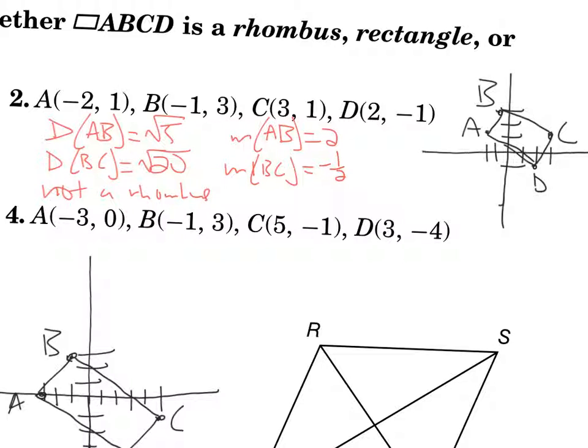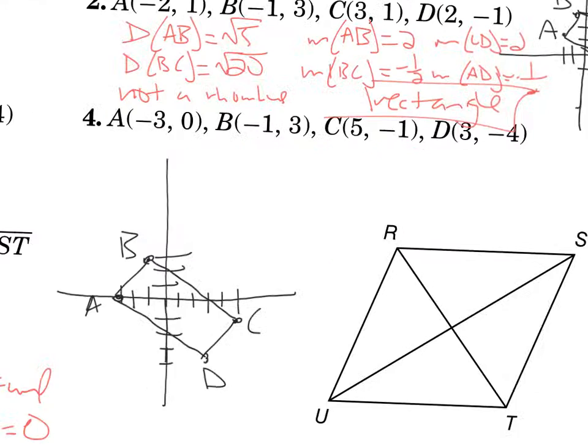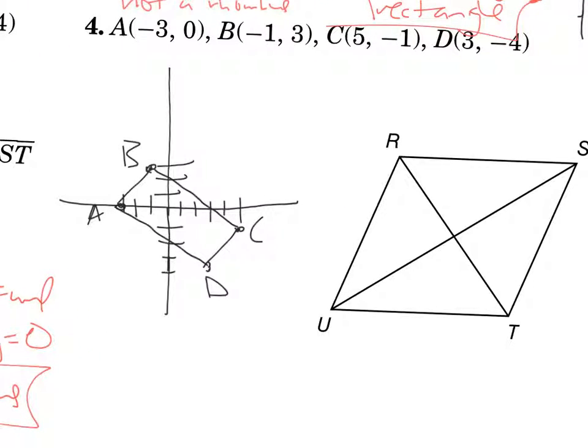If you check the other two, the slope of CD is also 2, and the slope of AD comes out to negative 1/2. Since those are all perpendicular to each other, it is a rectangle, because rectangles have 4 right angles. And this last one, you can check. This again looks very much like a rectangle, but you need to check with whatever methods you want to show that it actually is the case. And that's it.